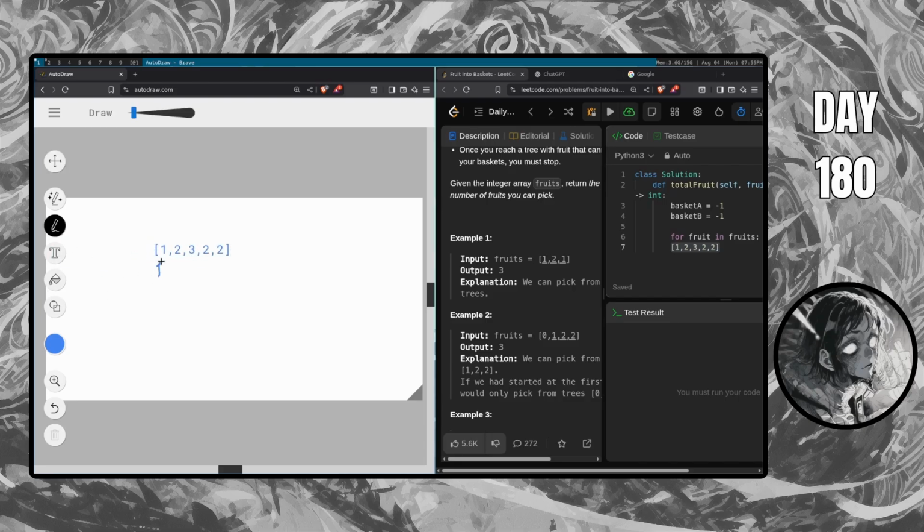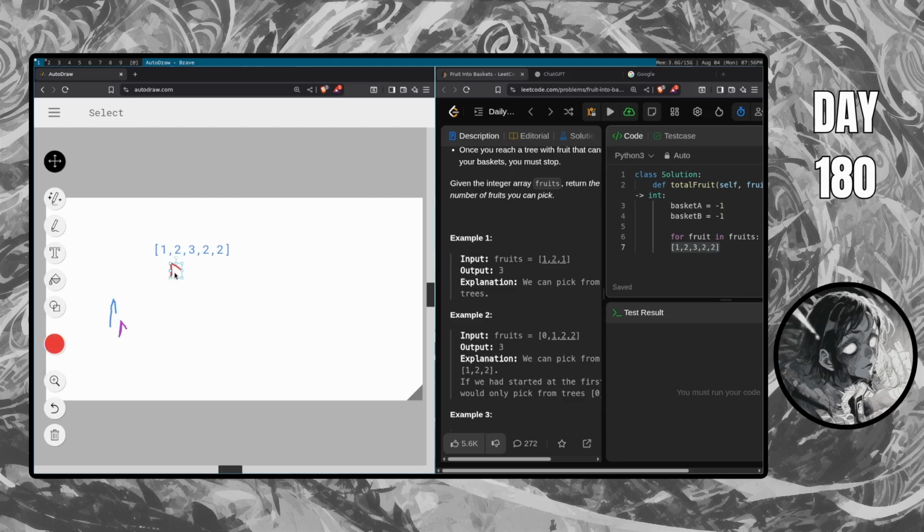I was thinking about maybe one or three pointers. Let me just draw this better. Here we're going to have two pointers, or at least one at the beginning.